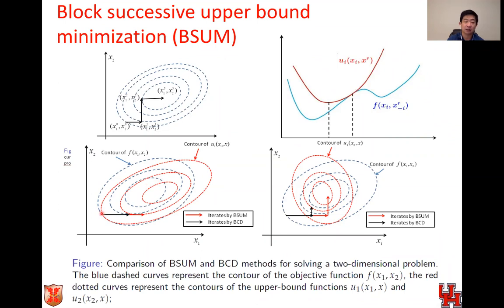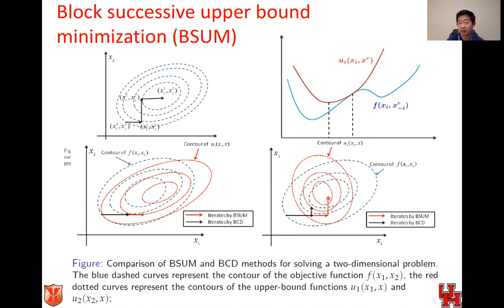So in this case, you're starting from this point, this is the original contour, and this is a new contour by adding the quadratic upper bound in the x1 direction. So instead of going to the black one, they go to the red one. And then in the next round, they add the quadratic over the x2 direction. And then the red one is a new contour compared with the original contour.